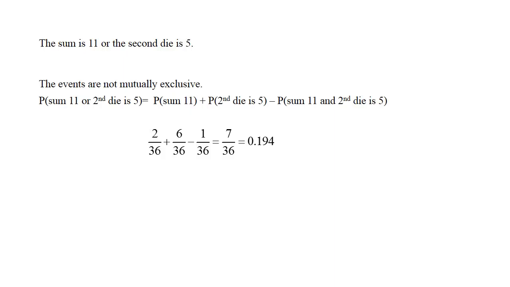That is equal to 2 over 36 plus 6 over 36 minus 1 over 36, which is equal to 7 over 36 or 0.194.